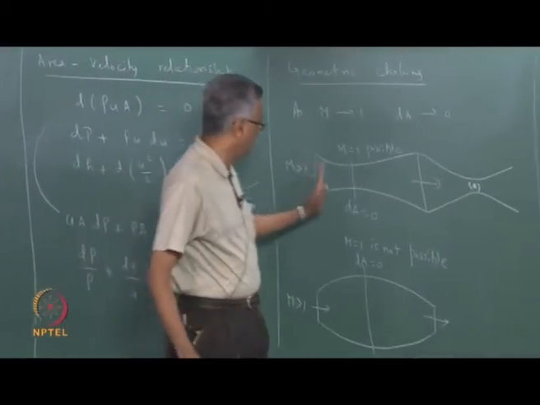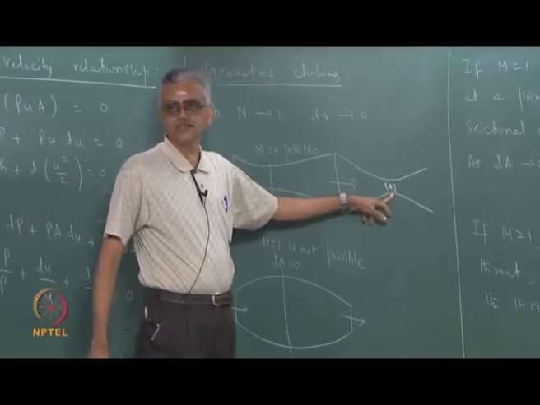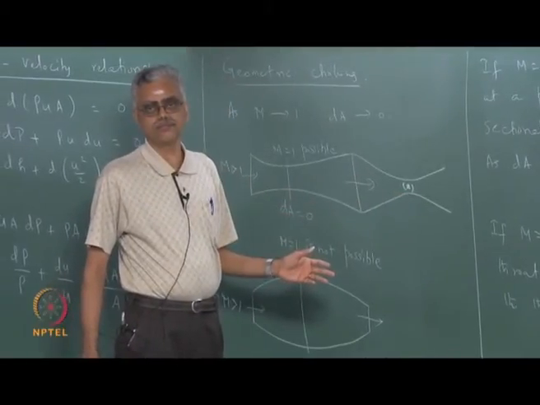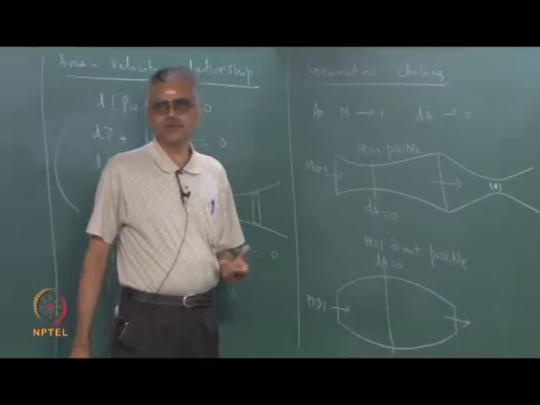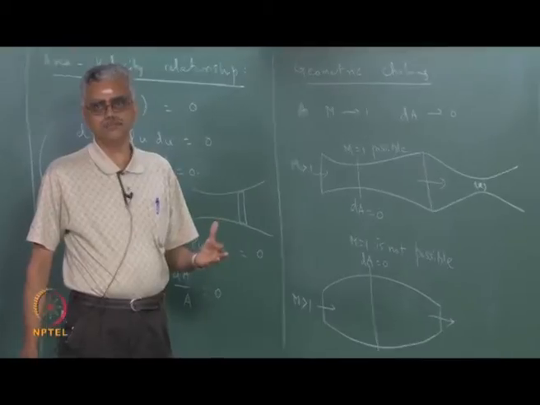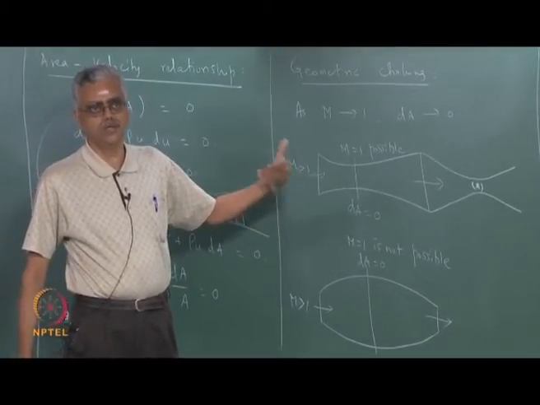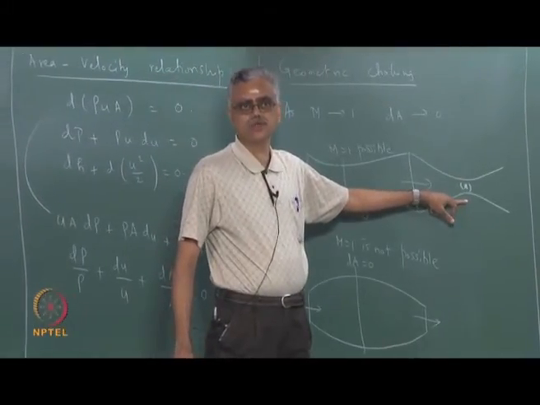Then I can relate flow properties at any one of these sections to the flow property at the sonic throat, just like we did for Rayleigh flow and Fano flow, and then proceed with our calculation. Okay, which is what we are going to do next. We are going to derive something called an area Mach number relationship, which will allow us to relate the Mach number at any cross sectional area to the cross sectional area at a sonic state.